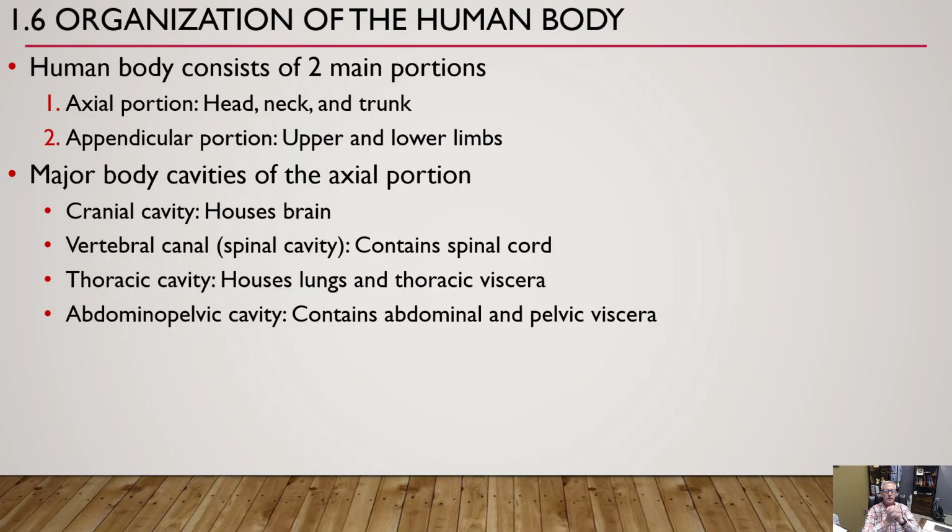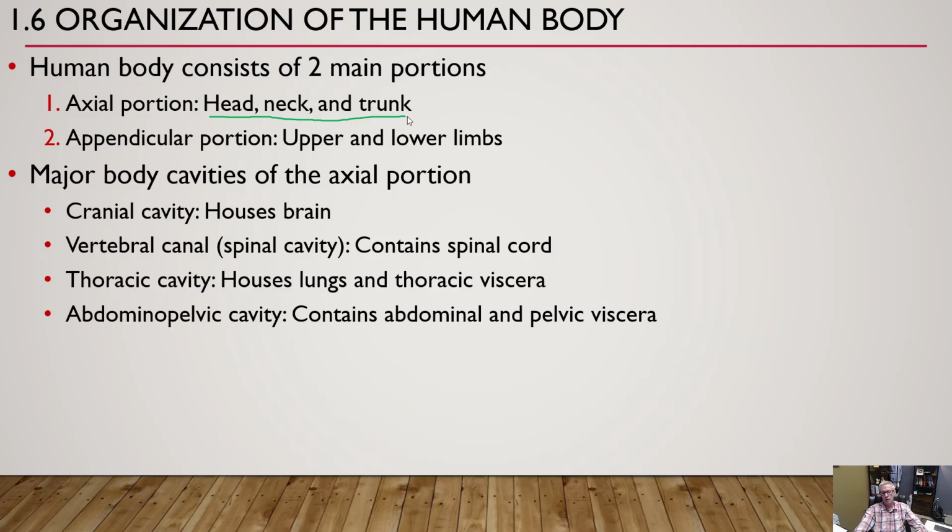All right, when we talk about the human body, we can kind of break it up into two portions. We have an axial portion and an appendicular portion. The axial portion consists of the head, the neck, and the trunk. And the trunk is just like your upper body, chest cavity. The appendicular portion is your upper limbs and your lower limbs, your arms and your legs.